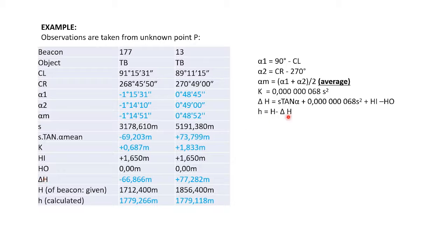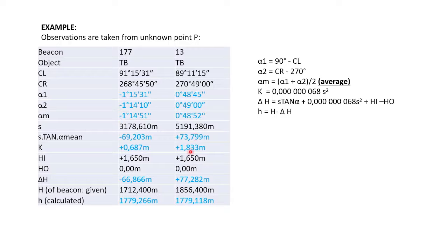Now your difference of height, as I said earlier, is this formula plus your k value times s squared plus hi minus ho. So you put all those values in, so you say this value plus this value plus your hi minus your ho, so these four, you add them together and you get this.